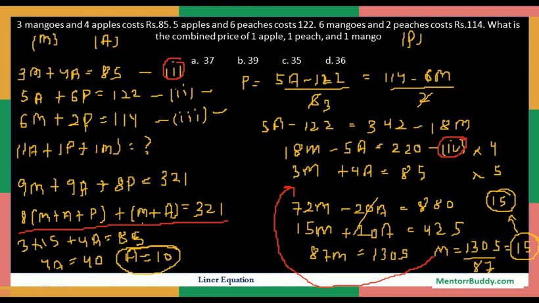Now putting this value of A and this value of M in this equation, we'll get the value of M plus A plus P. I'm using another slide over here and writing the same expression.